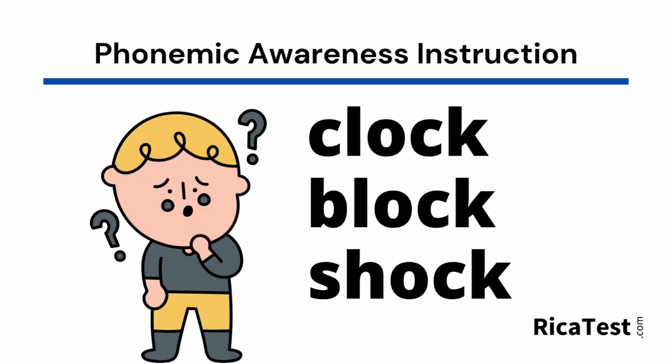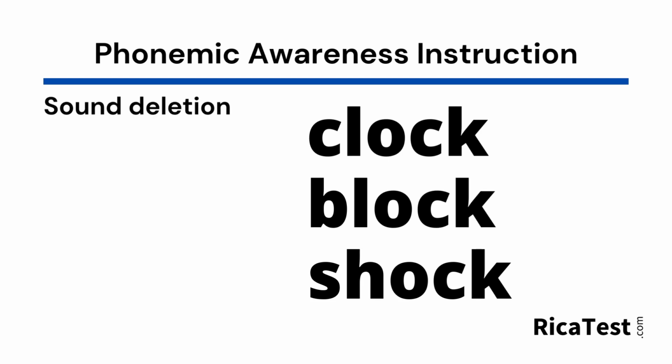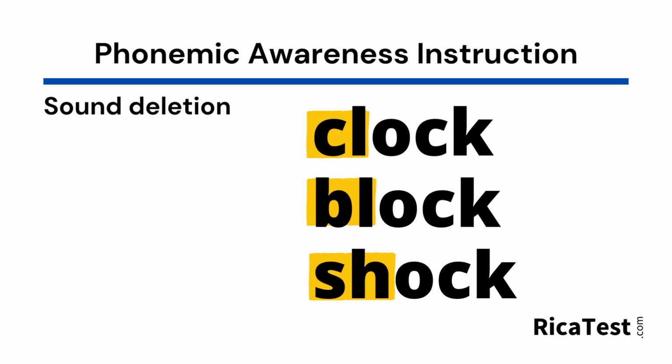In this example, the student is experiencing the same struggle as in the previous example, which is reading words from a list that share a common phonics pattern. However, here we can see the example word is different. In this case, we're going to use sound deletion, which you'll also want to use on your RICA test if you notice the words used have blends in them: clock, block, shock.